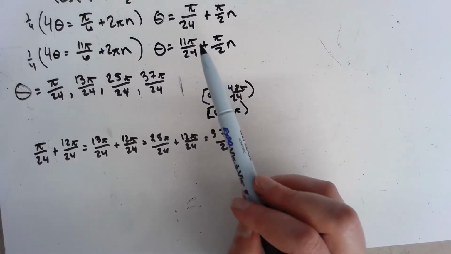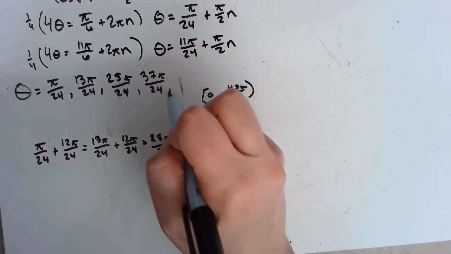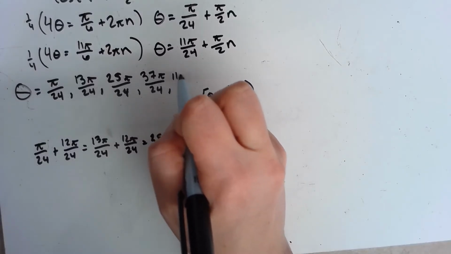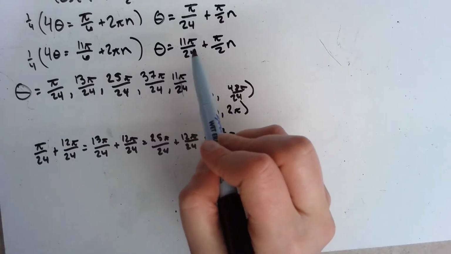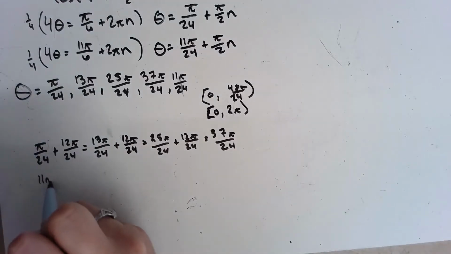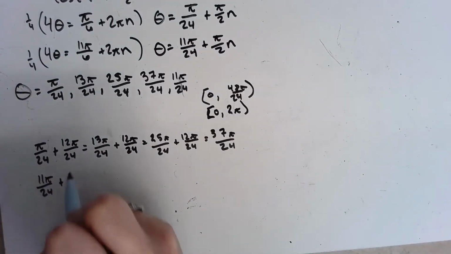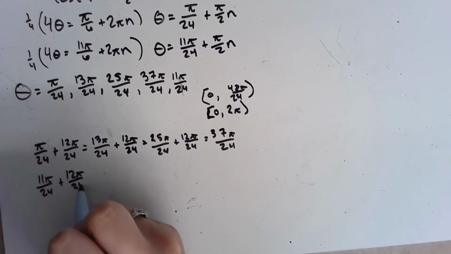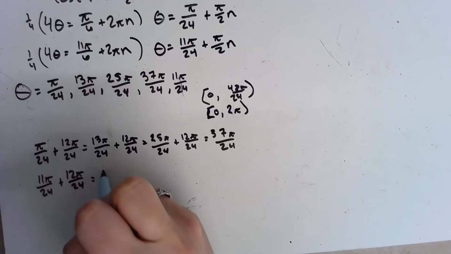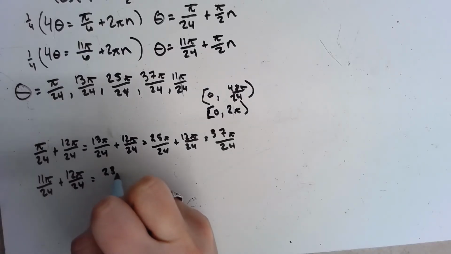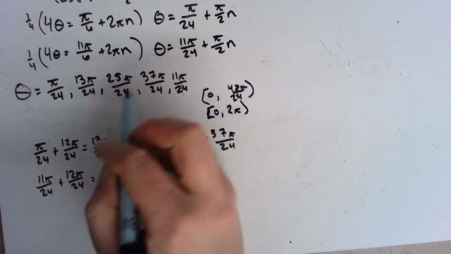Okay, so I'm going to go to my next one. My next answer is actually going to be 11 pi 24ths because we're now dealing with this one and that's my beginning point. So I'm going to take 11 pi 24ths and add 12 pi 24ths because we're still adding pi halves right here. That's going to give me 23 pi 24ths, and that's not already up there.